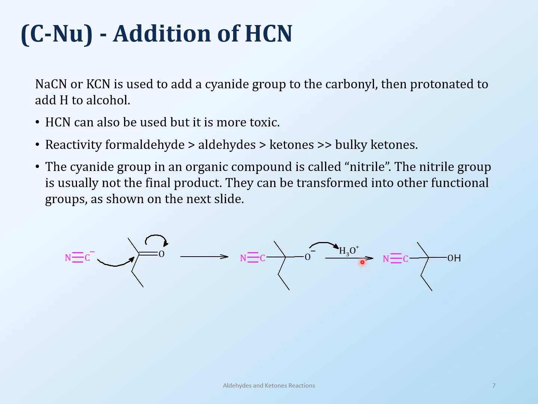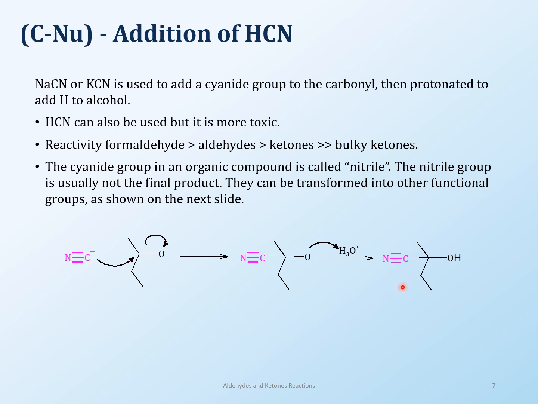The cyanohydrin itself is not really the final product for a lot of reactions. You generally take this one and convert it to something else, because the cyano group itself is not very useful by itself.